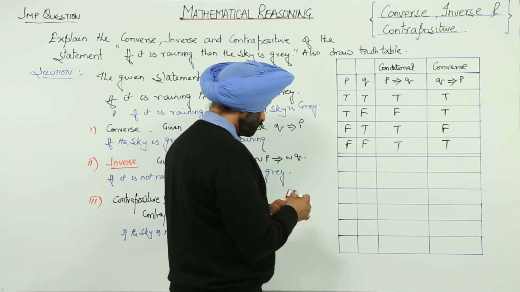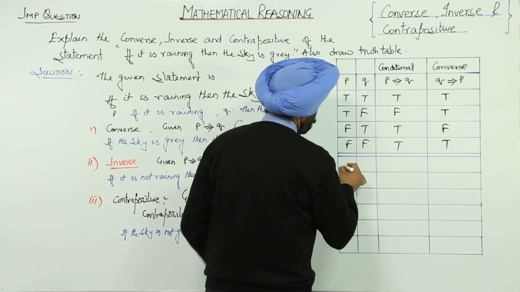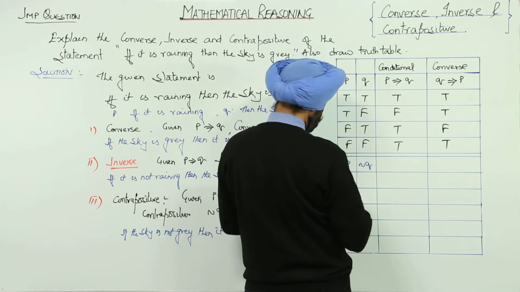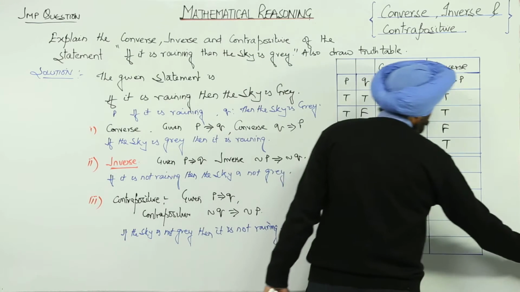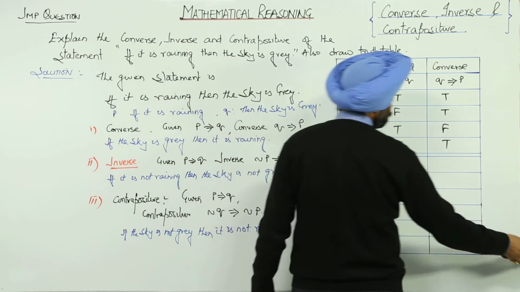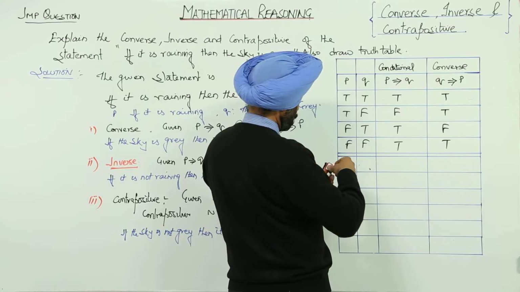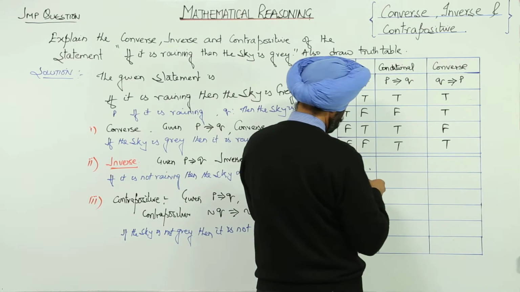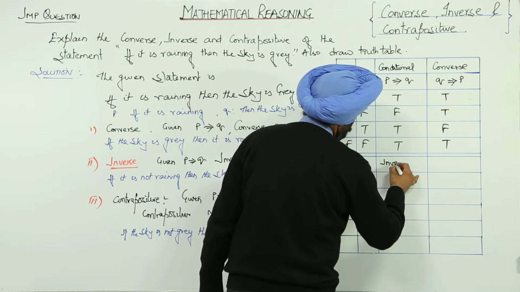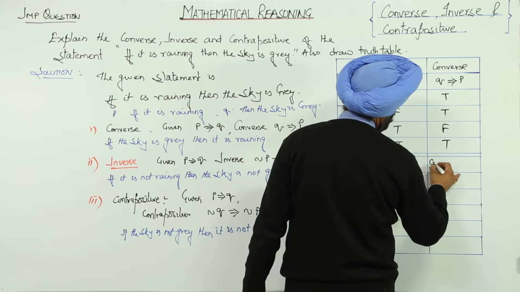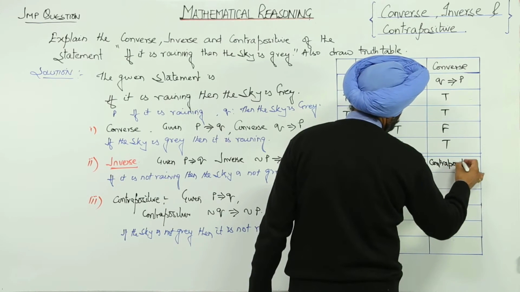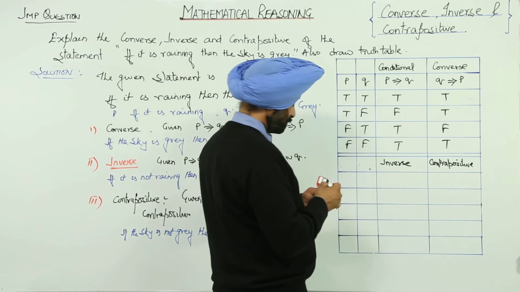Okay. Now negation of P, negation of Q, sorry, let us write first inverse and contrapositive.